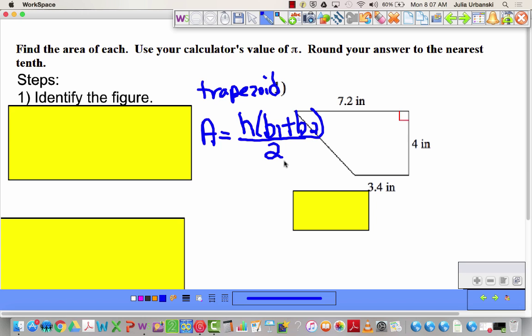Okay, once you've got it, go ahead and add inside the parentheses and do your PEMDAS and figure out what it will be. Plug in your numbers and solve it. Get your calculators out. We already plugged them in.